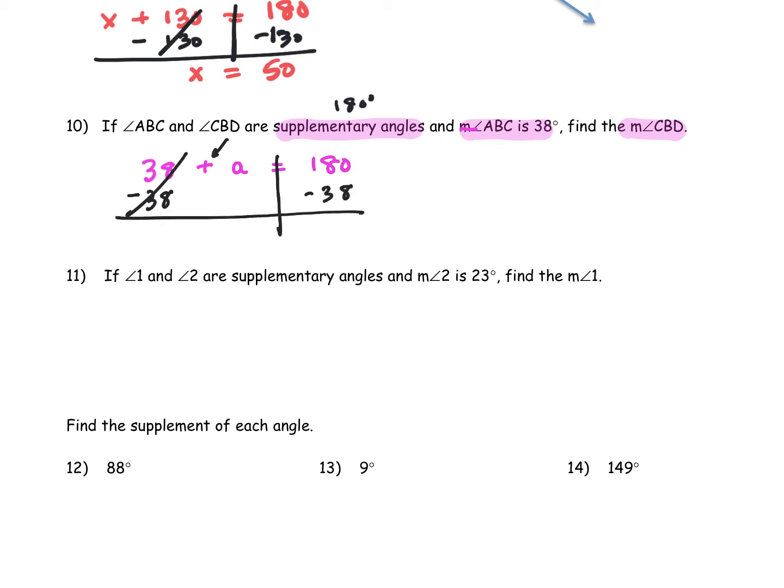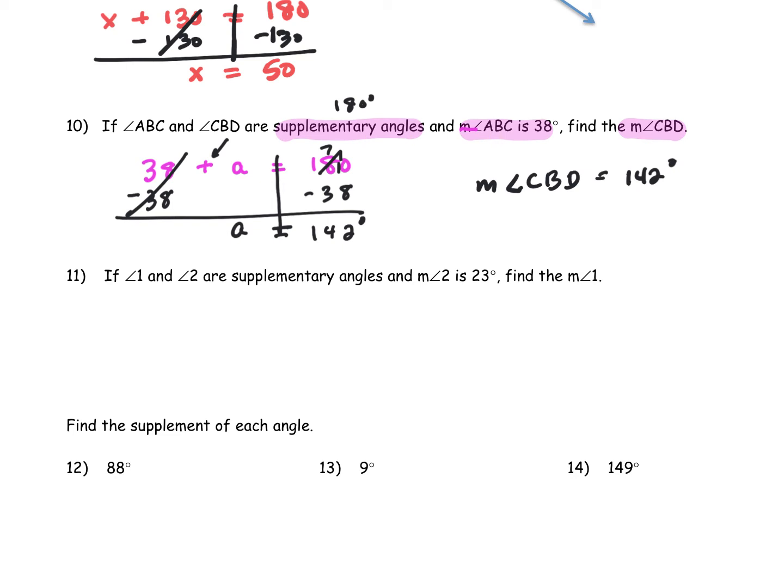Again, that's a positive a, so we'll drop down plus a as positive a, and again we need to borrow. So in this case, the measurement of angle CBD equals 142 degrees.